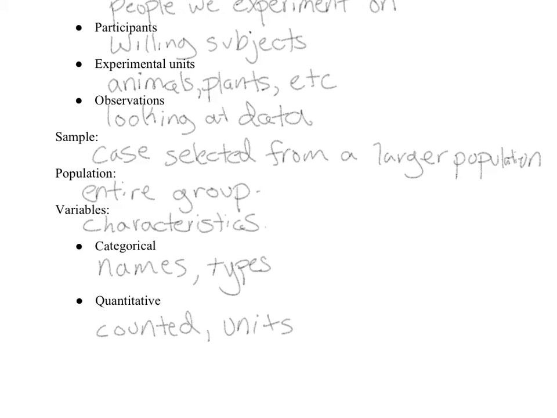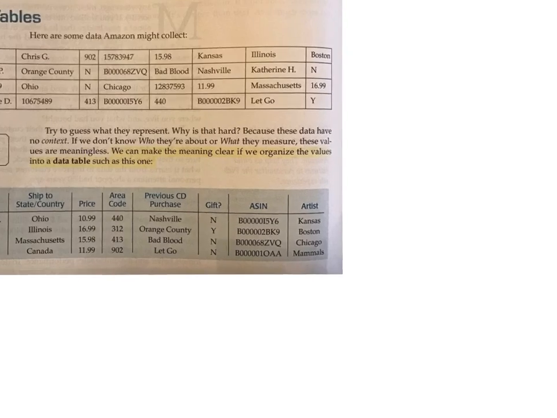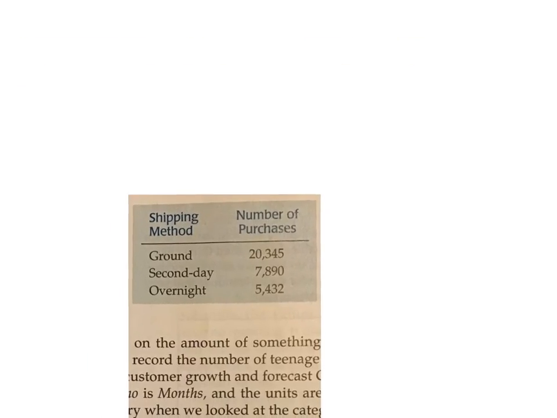So once again, with the W's, why is very important when we are working with stats. All right, let's look at some tables, and let's answer our questions of the 5 W's.